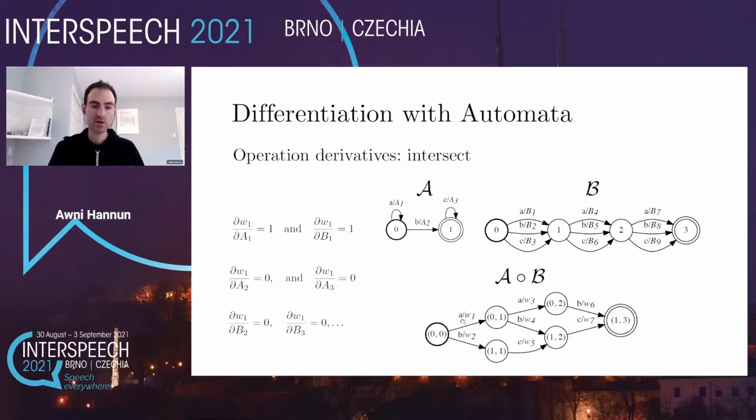W sub 1 in this graph connects state 0,0 to 0,1. So in the first input, it came from this arc, 0 to 0. In the second input, it came from this arc, 0 to 1. And so the derivative of W sub 1 with respect to A sub 1 is 1. The derivative with respect to B sub 1 is also 1. The derivatives with respect to all of the other arcs in both of the input graphs are 0.